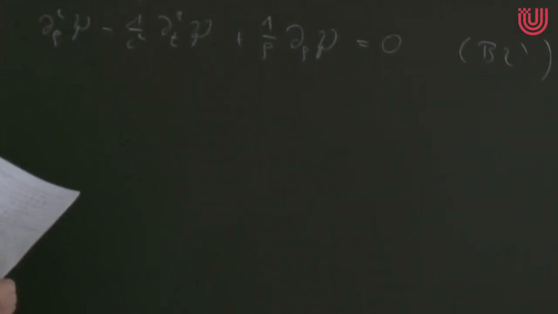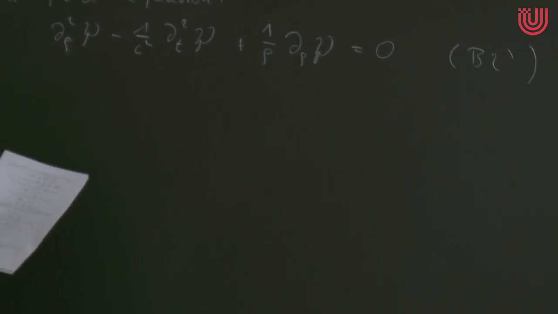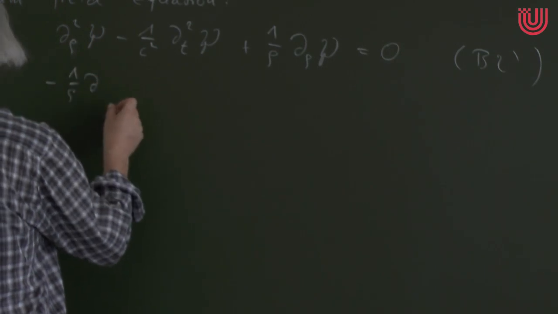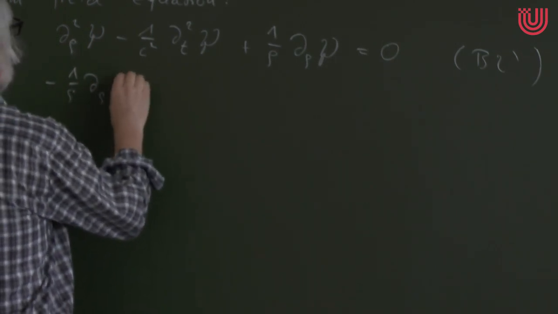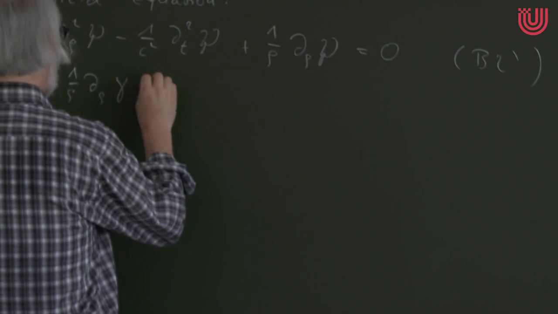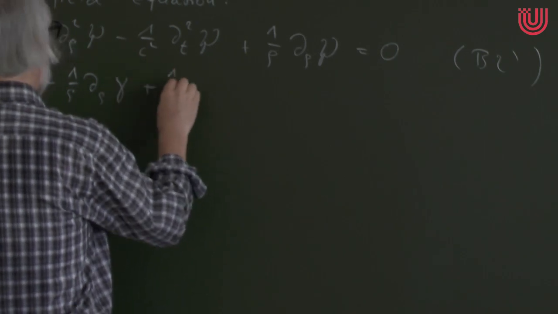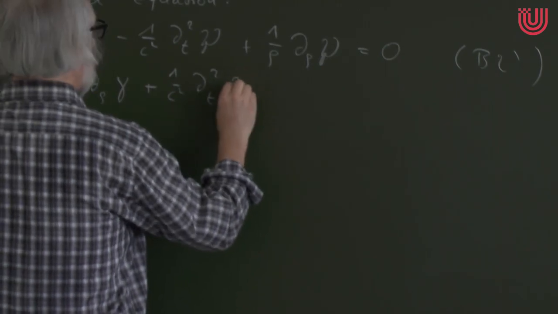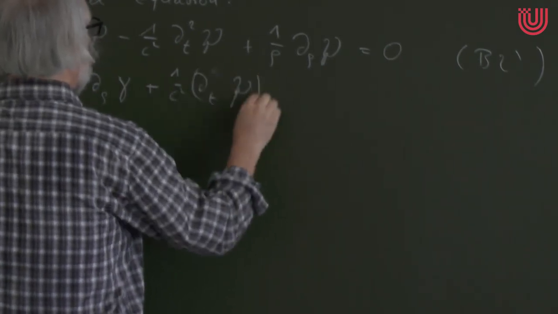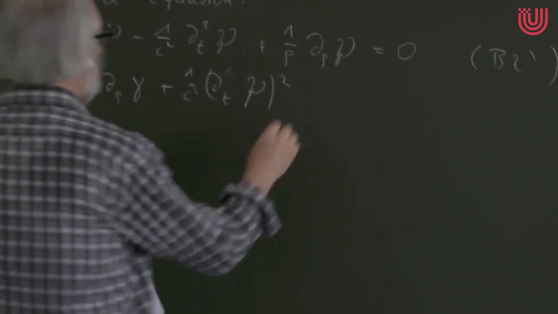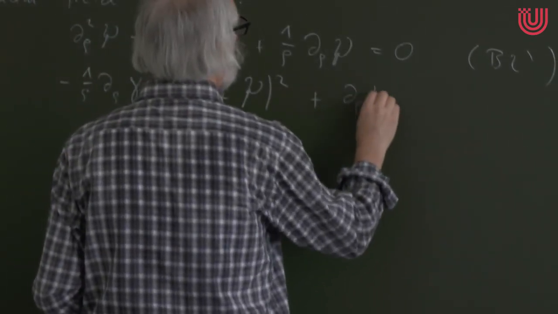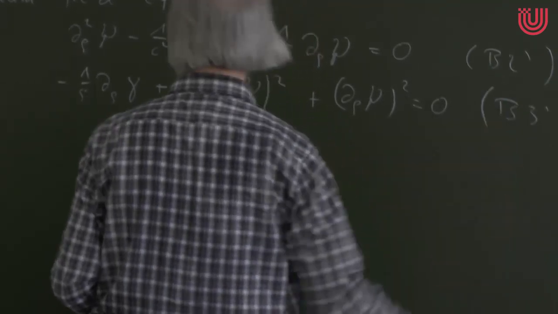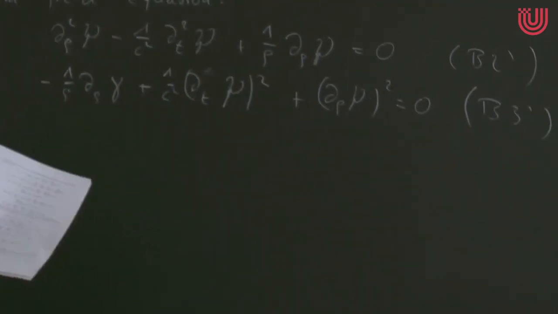And then two equations which involve gamma. This is minus 1 over rho d rho gamma plus 1 over c squared dt squared psi, that's the first derivative squared, plus d rho psi, equals 0. This is B3 prime, and then I write B5 prime.